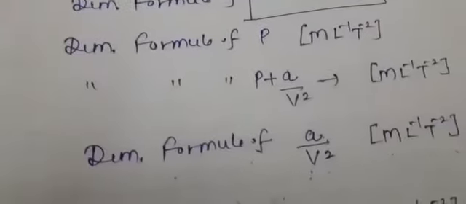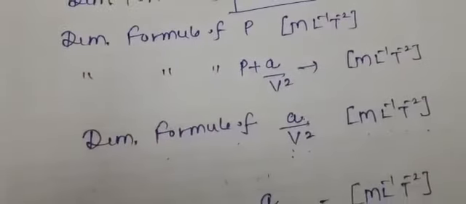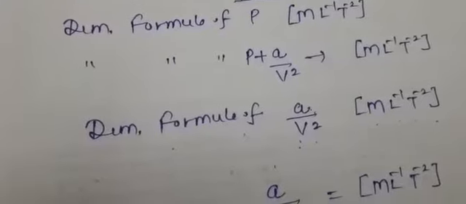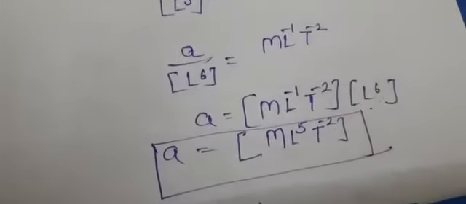Similarly for the other term, P plus a by V², it must have the same dimension formula as that of pressure. So putting in the dimension formula of volume and pressure and rearranging the terms, you now get the dimension formula of a also. So this is about this numerical.